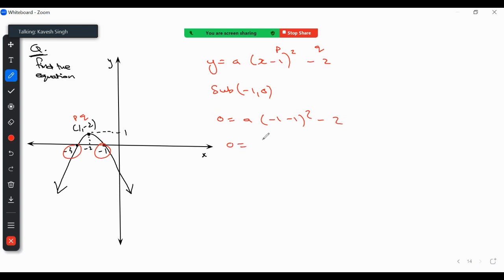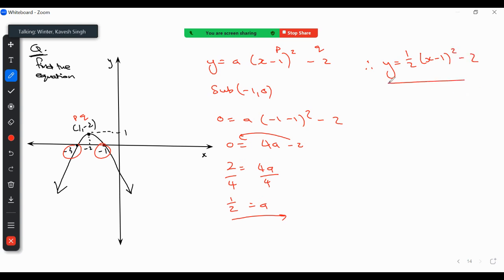That becomes (-2) squared, which is 4a. I move that across, becomes 2, and I divide by 4 on both sides, getting me a equals a half. And so y equals half (x - 1) squared - 2. Done.